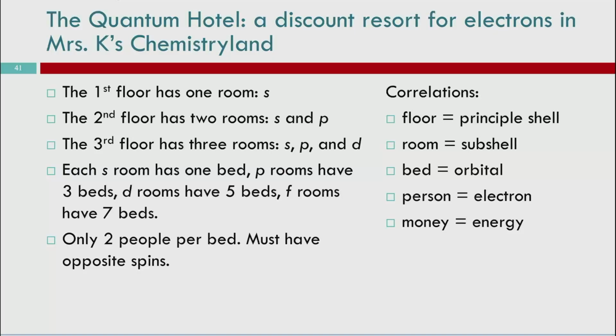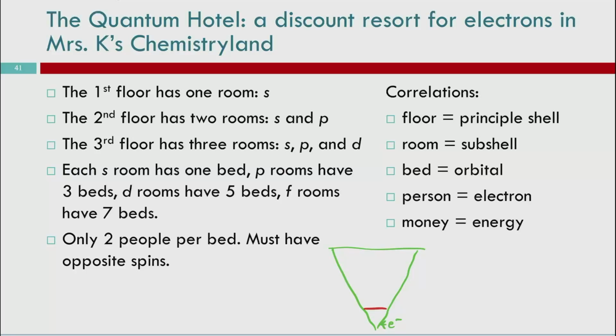So in the Quantum Hotel, we've got a bunch of different floors. Our floors here are the principal shells, so the different numbers. We've got a first floor, lowest energy, our second floor, higher energy, third floor, even higher energy. And we've got a bit of an upside down pyramid scheme to our hotel. So it looks something like this, and the electrons enter starting on the ground floor.